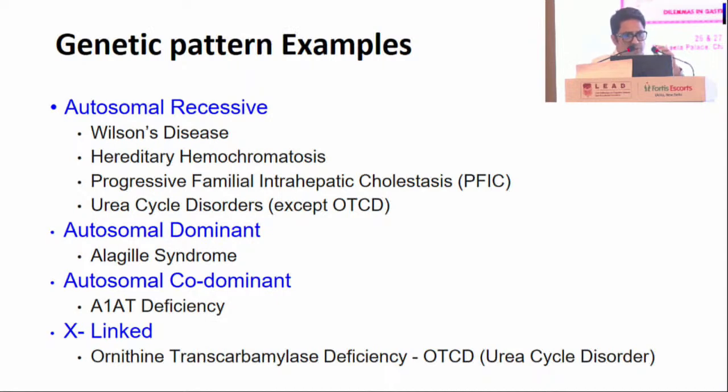Autosomal dominant disorders behave very differently, like Alagille syndrome. Autosomal co-dominants also behave differently, that is alpha-1 antitrypsin deficiency. And X-linked disorders like OTCD also behave very differently. So this is a broad classification we should try and keep in mind before evaluating the donor.